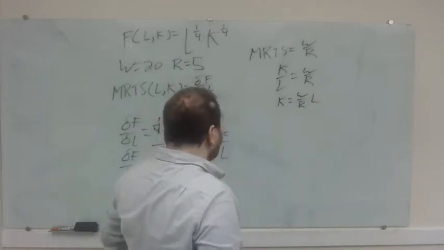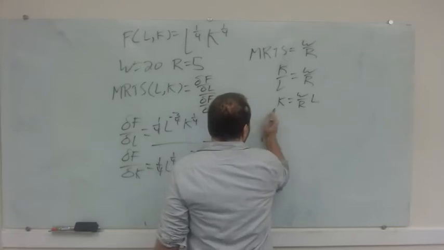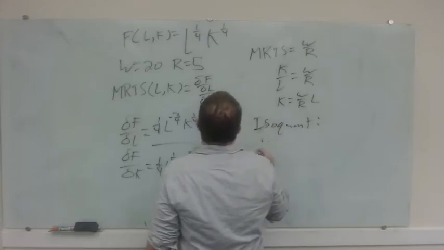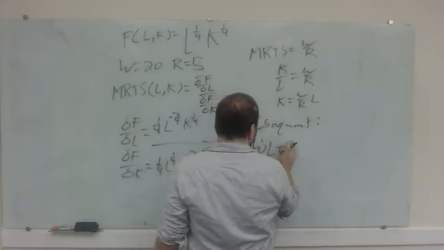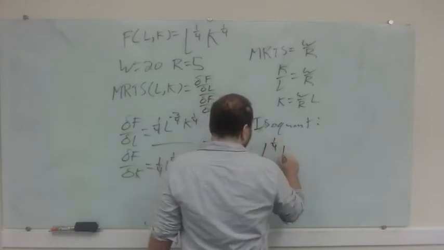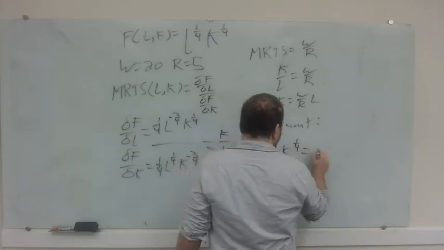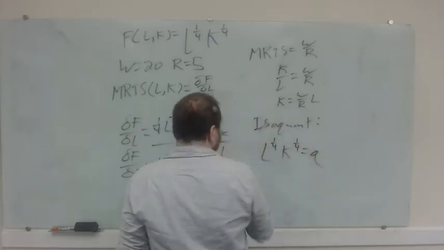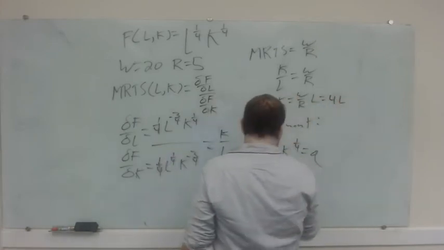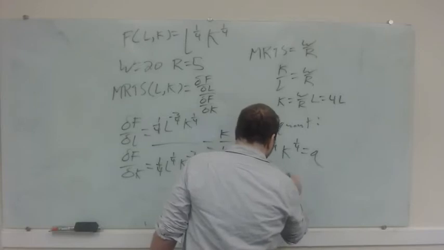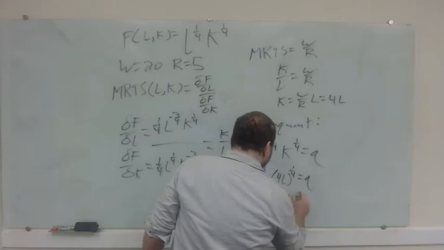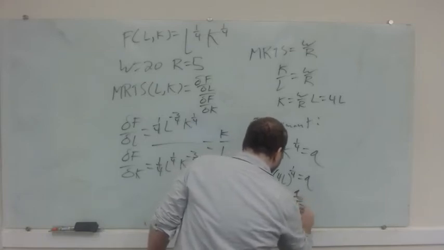But now when I plug this into my isoquant, I'll get L to the 1/4 k to the 1/4 equals Q. Which is going to tell me L to the 1/4, with k equal to 4L, times 4L to the 1/4 equals Q. So L to the 1/2 is going to equal Q over root 2.